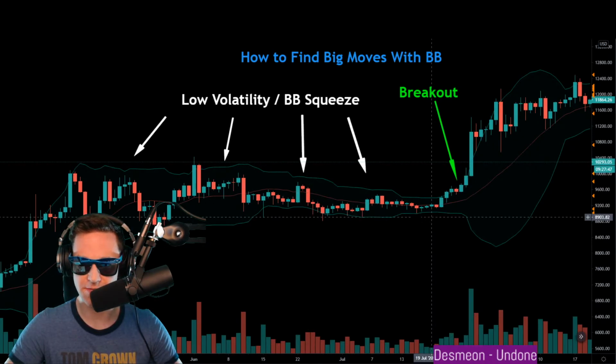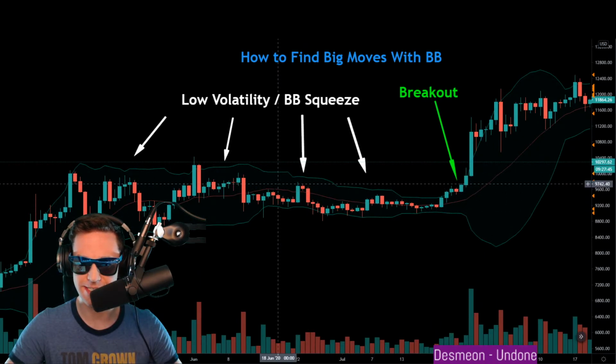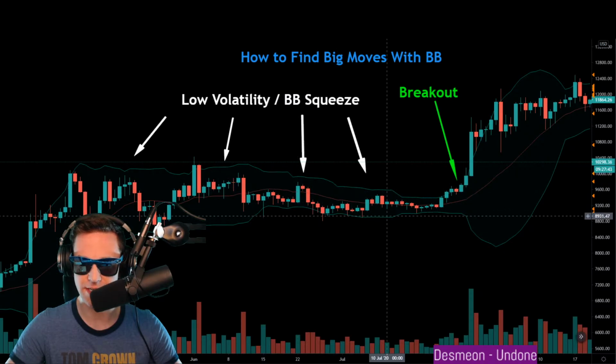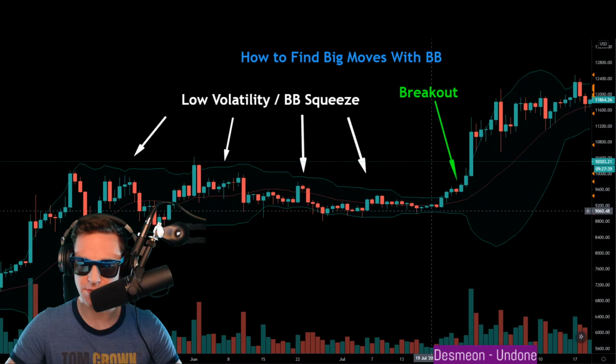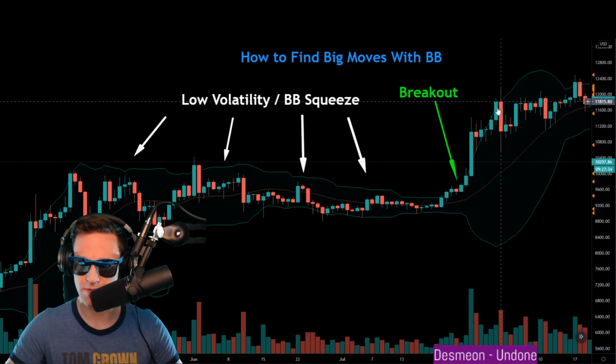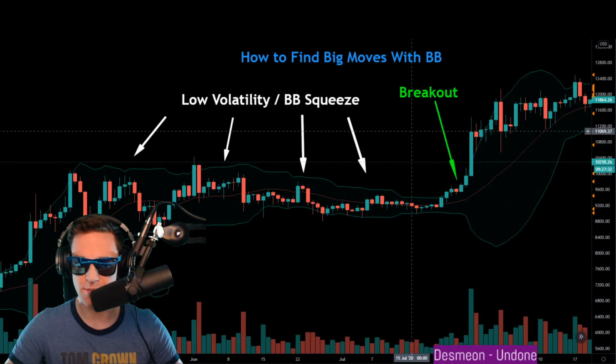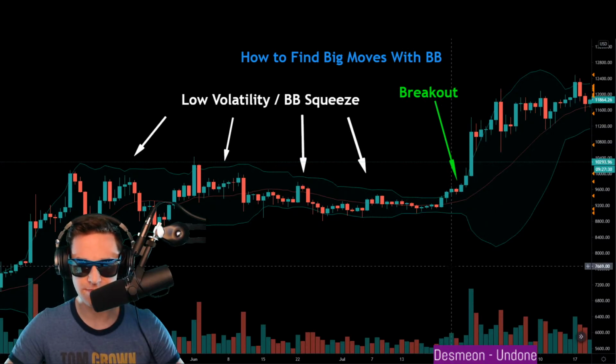We ranged sideways for 3 months, and you can see the bands continuously getting tighter and tighter and tighter until right around the 20th of July 2020. They were at their tightest, and we saw a breakout move. So something to look for that's very important with Bollinger Bands is for when they begin to tighten or squeeze. Almost always, this leads to a volatile move up or down.